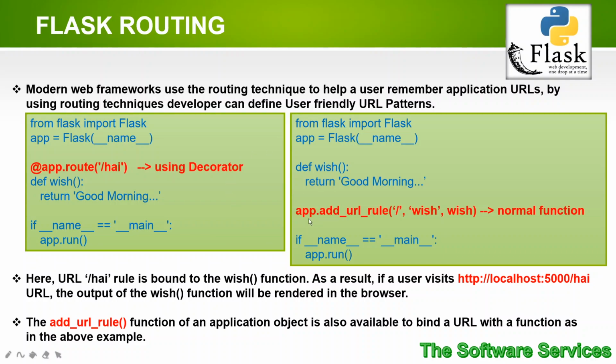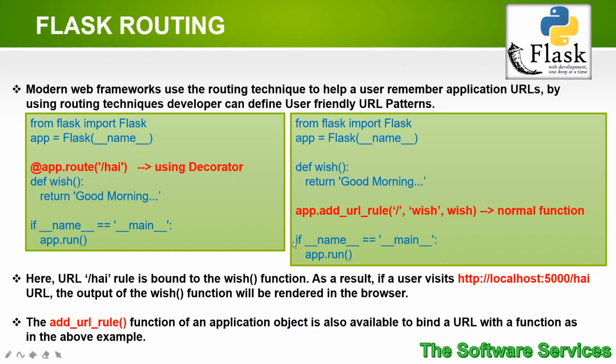So here we are not using any decorator. Here it is a normal method in the Flask class, add_url_rule, and it will take the pattern first. So this is the main pattern. After this slash, you can give hi, you can give hello, whatever you wish you can type here, right?